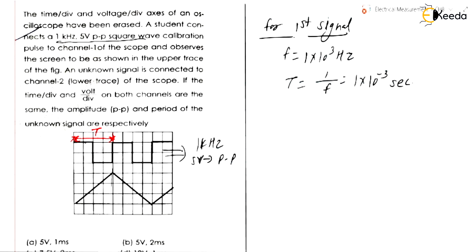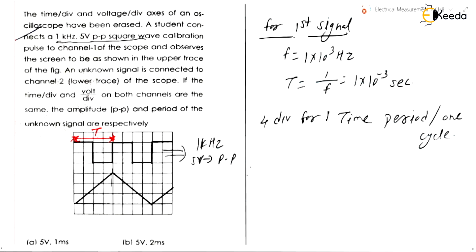How many divisions are there? 1, 2, 3, 4. So we have 4 divisions for one time period, or one cycle.